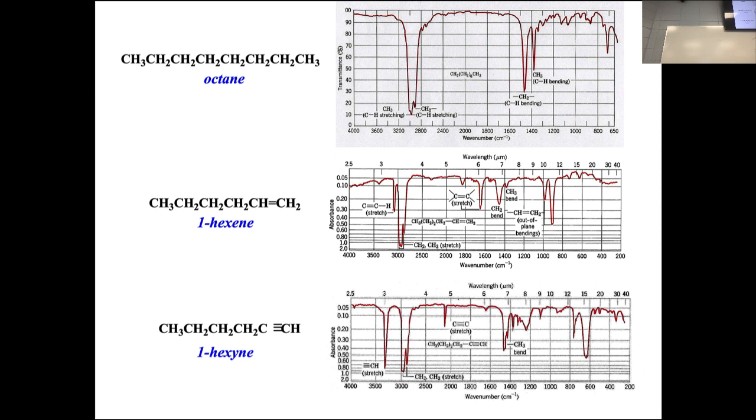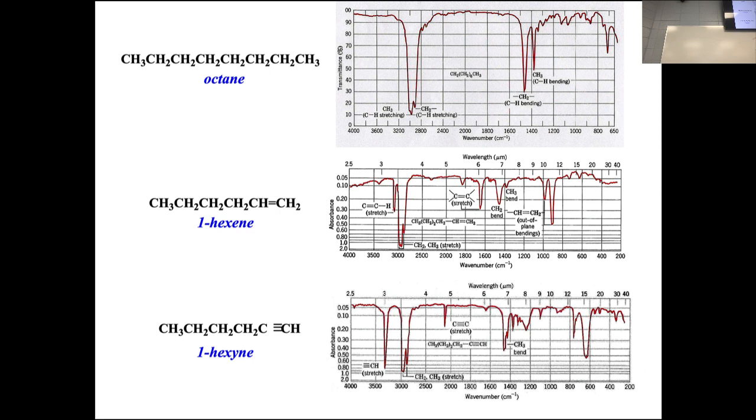There's my hydrogens for all of this stuff. And there's my hydrogen for my alkyne, the CH. Notice it's sharp. When I look at that, I know because of its shape and where it's at, that has to be an alkyne. It's a nice sharp peak. Okay? It's just characteristic of it.